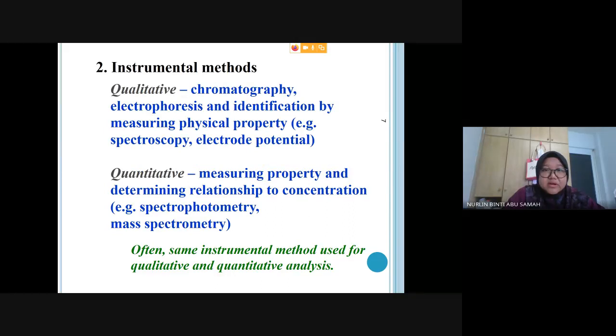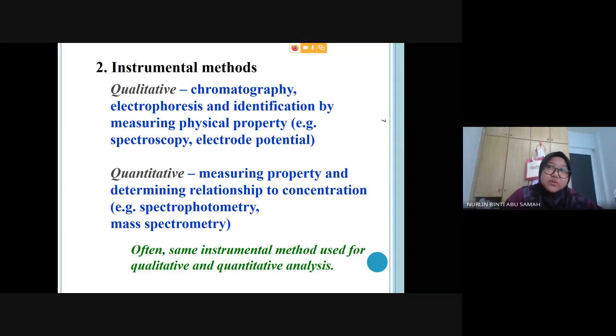Next is instrumental methods. This is the one thing that we will focus on in this course. Here we also have qualitative and quantitative analysis. For qualitative, we can identify from the instrument, like chromatography. We can identify whether the peak is there.